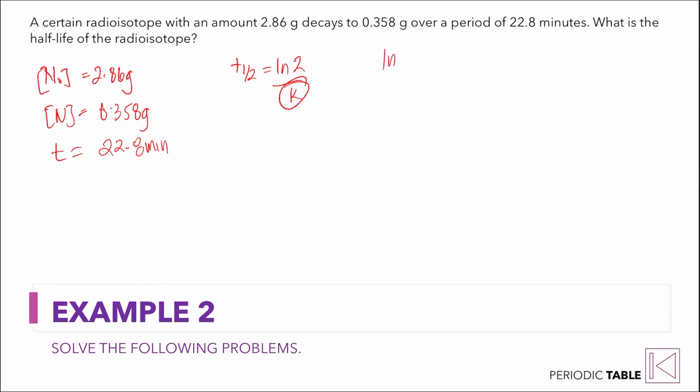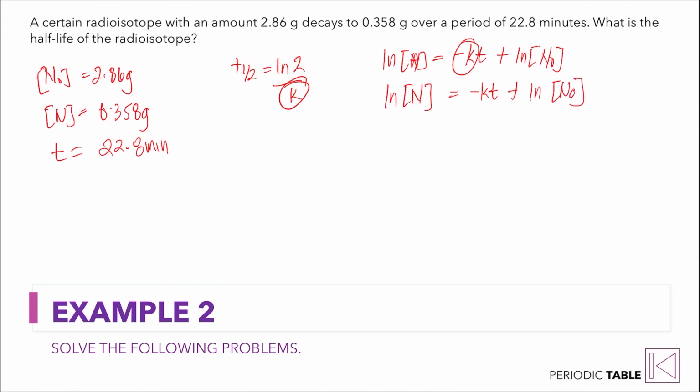We use the original equation, the integrated form, ln n is equal to negative k t plus ln n0. Okay, so we need to solve for k given kasi yung n, t, and n0. So paano gagawin natin? So ln n is equal to negative kt plus ln n0.